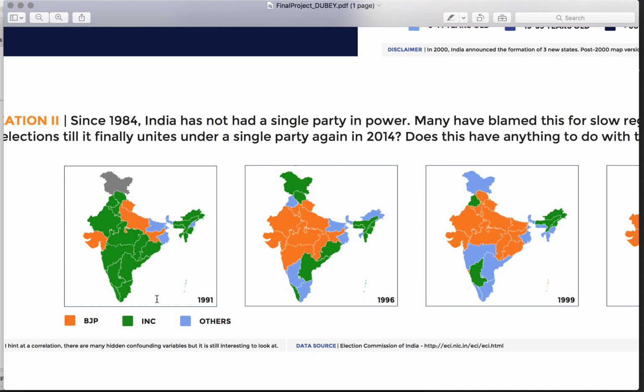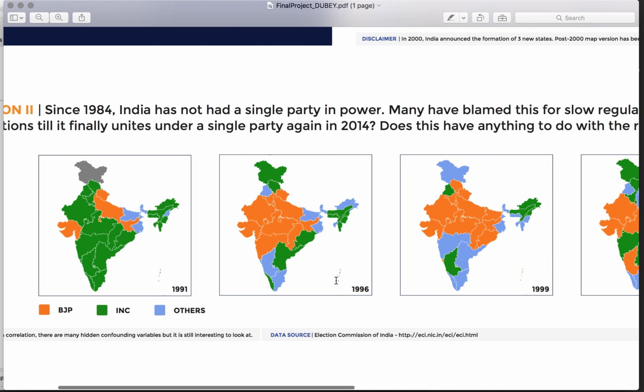So in 1991, even though it appears as if the INC, which is the Indian National Congress, has some sort of a majority, they actually did not have enough seats to form the government. So the blue area, which was other parties, had to lend their support to Congress, and Congress actually still didn't have enough support, and they ended up forming a minority government. This is the same government, by the way, which liberalized India.